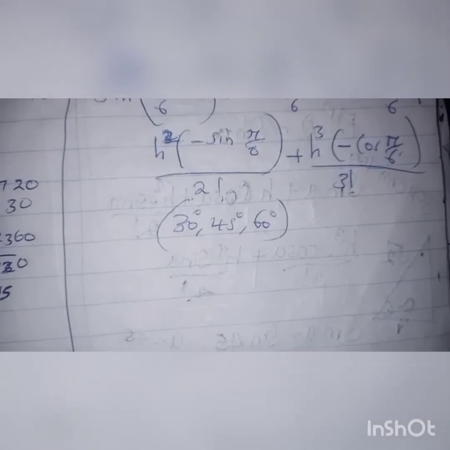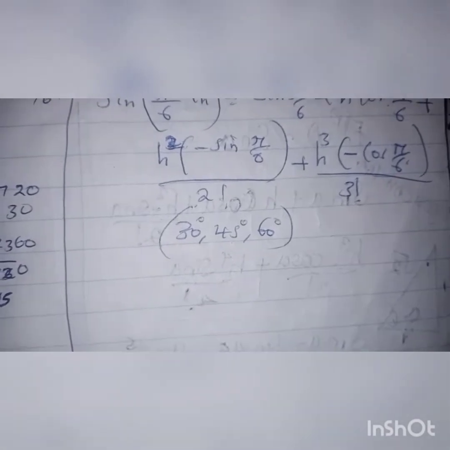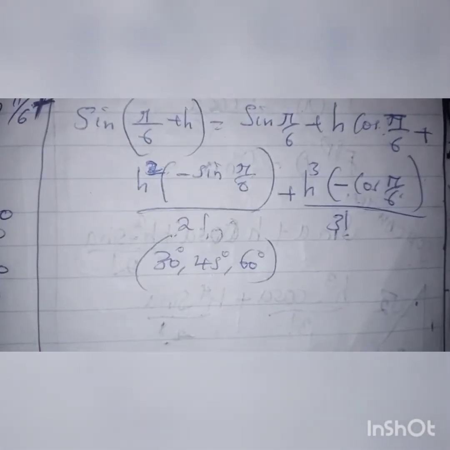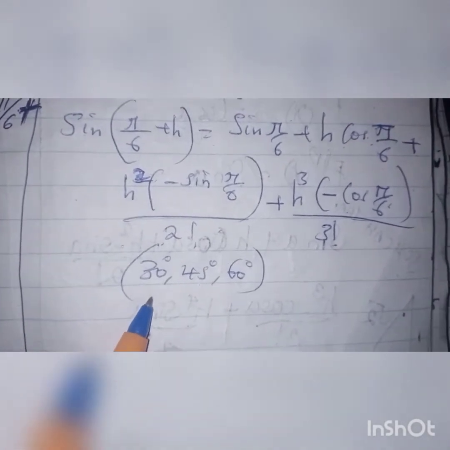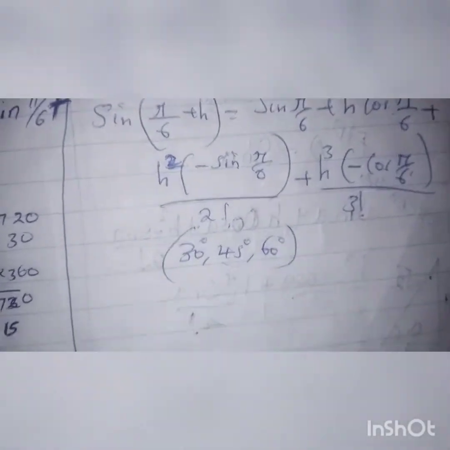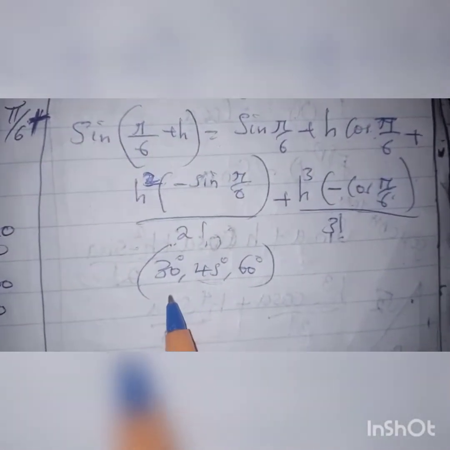Since this is sine 45, we can't use 45 because there would be no change. We choose an angle that is closer to our angle so that there will be a change.